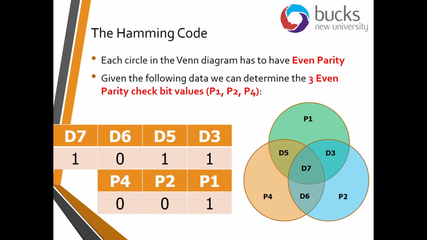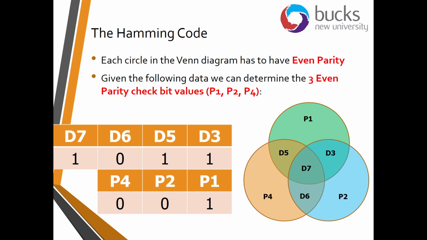Parity bit 2 has been set to 0 because it contains bits 3, 6, and 7. So if we look at 3, 6, and 7, we can see that we have 1, 0, 1. So there's 2 1 bits, so it's already even, so the parity can be set to 0 as well. Parity bit 4 will also be set to 0 because it contains data bits 5, 6, and 7.